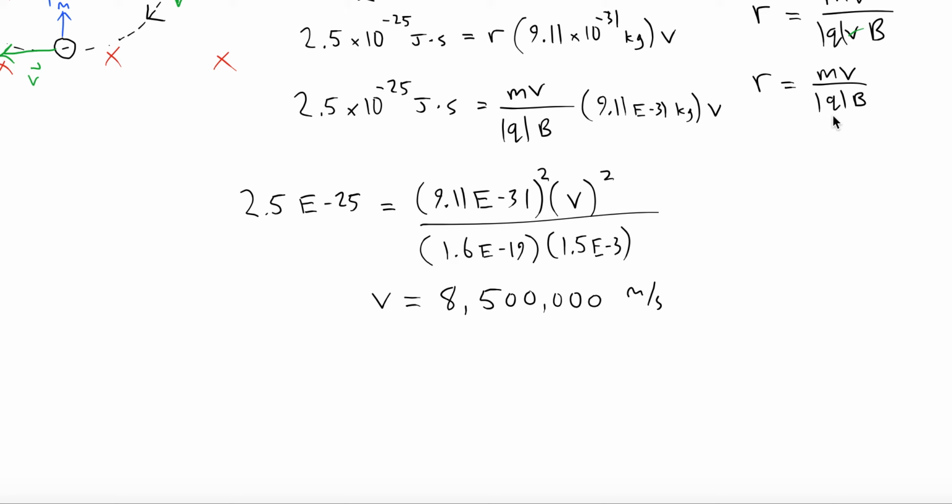I'll just use the formula here in the upper right. So we want r equals mv over qb.